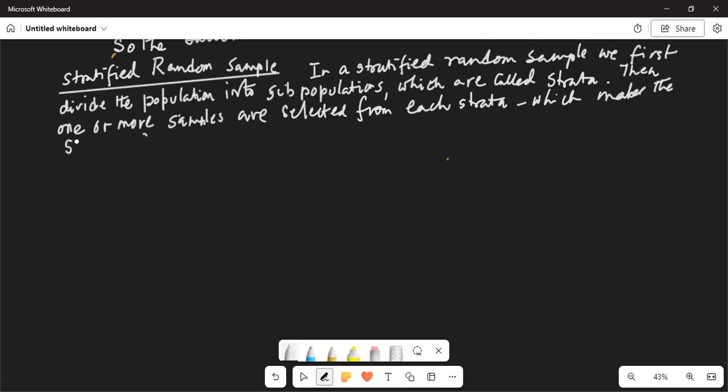Which makes the stratified random sample.